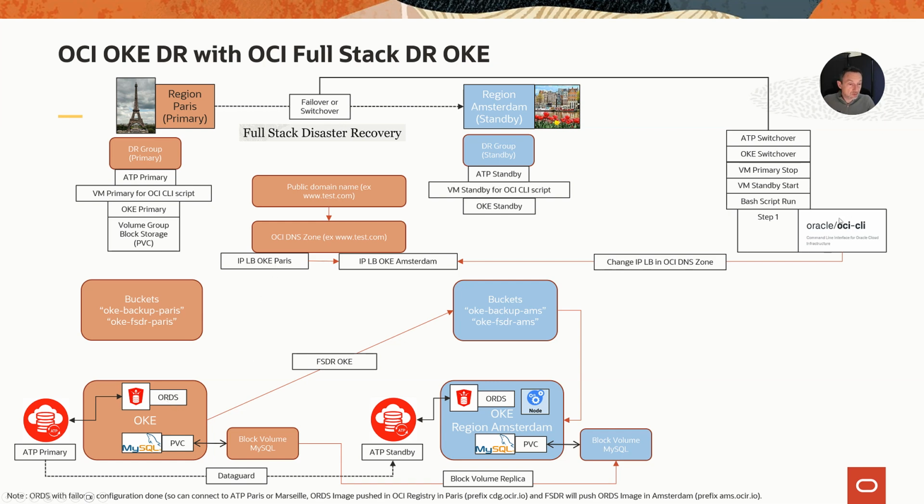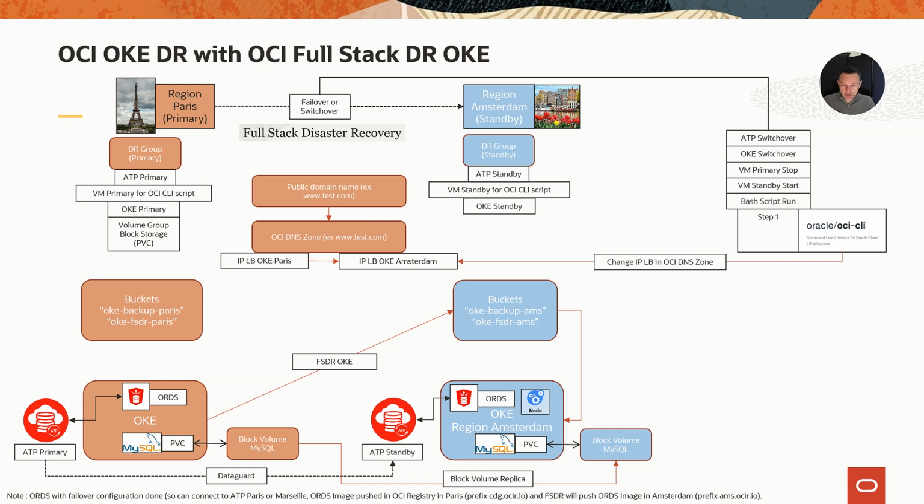The goal of the OCI CLI is to switch the OCI DNS zone from the IP of the OKE load balancer of the primary region to the IP of the OKE load balancer in the standby region. And in this case, after the switchover or the failover, the URL www.test.com will be okay.